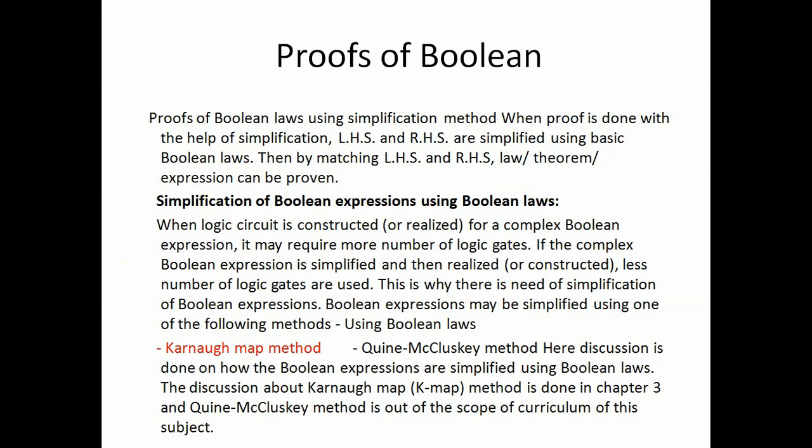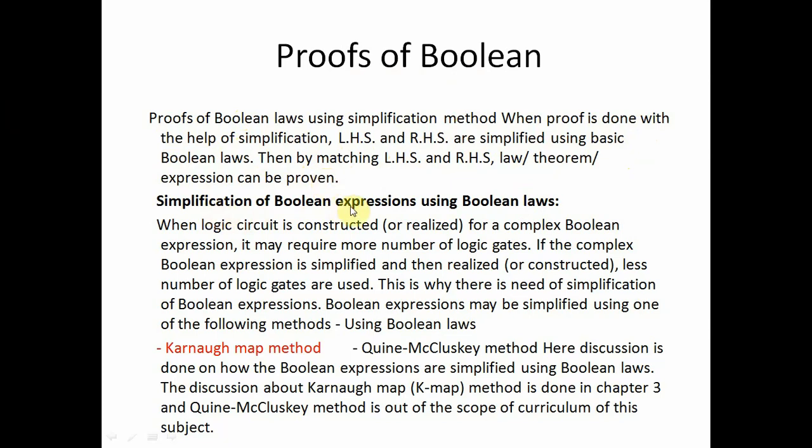By using De Morgan's theorem, the duality theorem and Boolean laws, we will solve the Boolean expressions. Proofs of Boolean laws using the simplification method: when a proof is done with simplification, LHS and RHS are simplified using basic Boolean laws. Then by matching LHS and RHS, the law or theorem expressions can be proven.